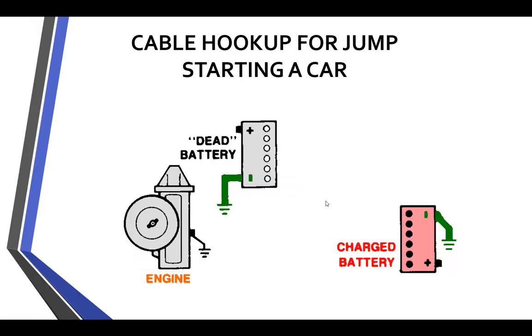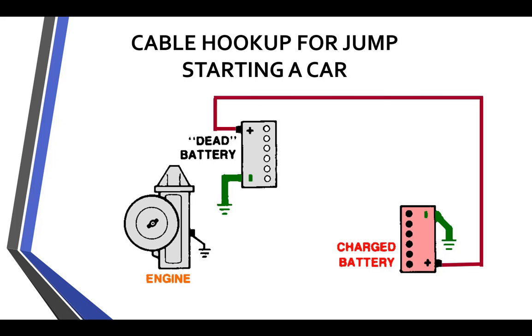This is a jump start situation where you're going to hook your batteries in parallel, positive to positive and negative to negative, using, in this case, the engine ground, a metal component or a metal strap, whatever is used for the ground. An example of how to do that.